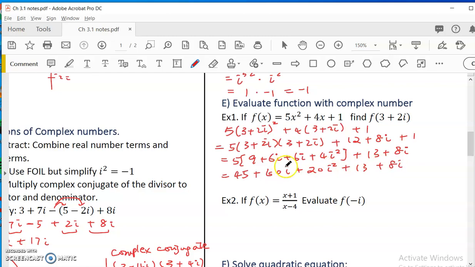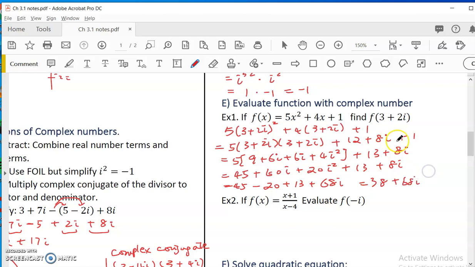Now all the i terms can combine, right? I have 60 and 8, so 68i. What about i squared? i squared is -1, so it's minus 20. 45 minus 20 plus 13 plus 68i, and so this becomes 25 plus 13, 38 plus 68i.